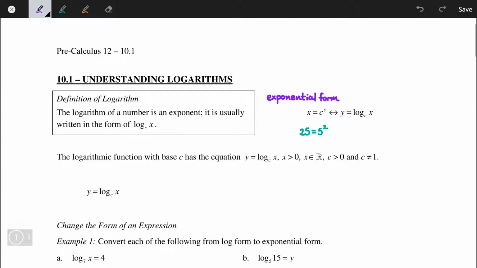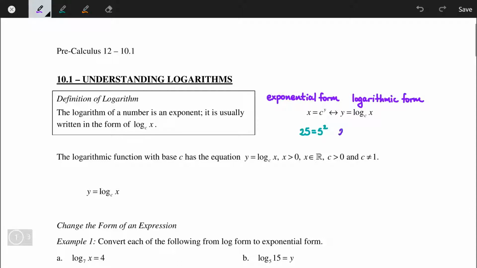The logarithmic form of the same expression looks like this. And that is y is equal to log base c of x.